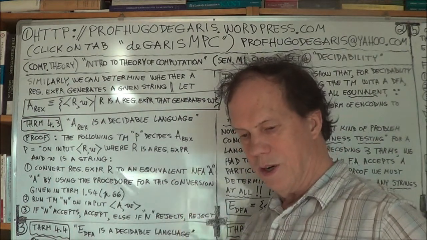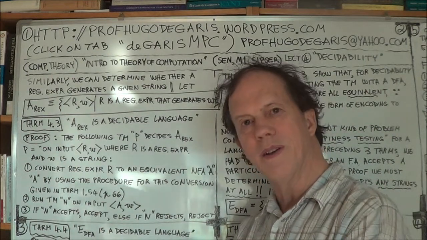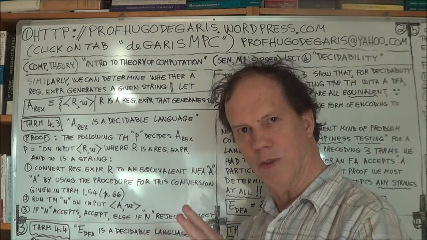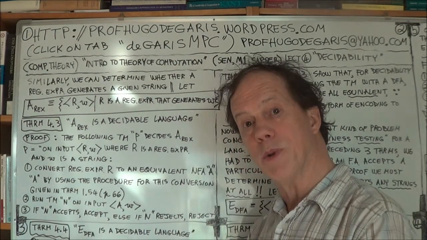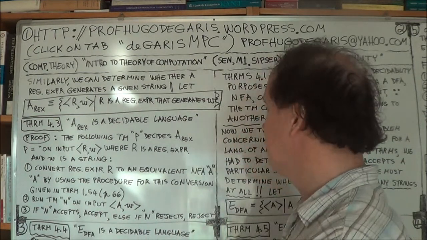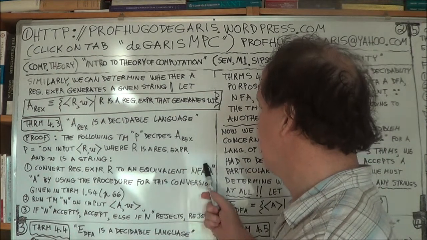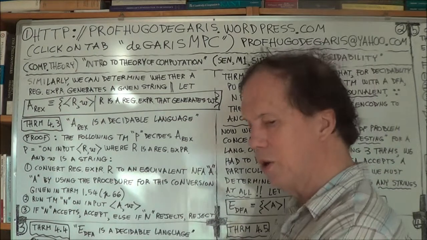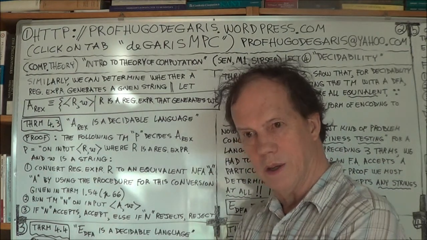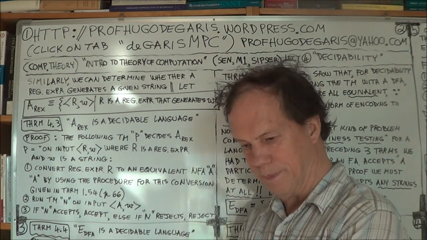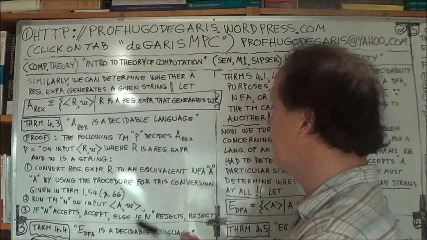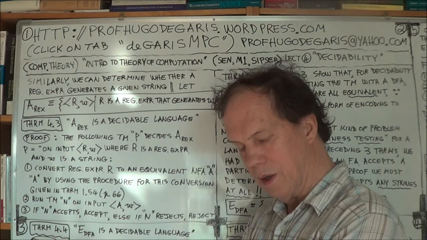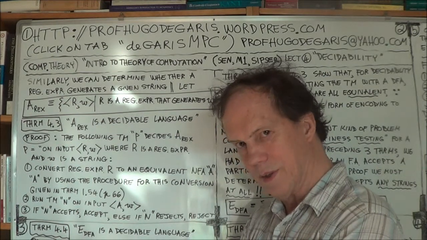Then once it has an NFA, it will have another component, part of this larger Turing machine, which will use the theorem showing that the language of an NFA is decidable.